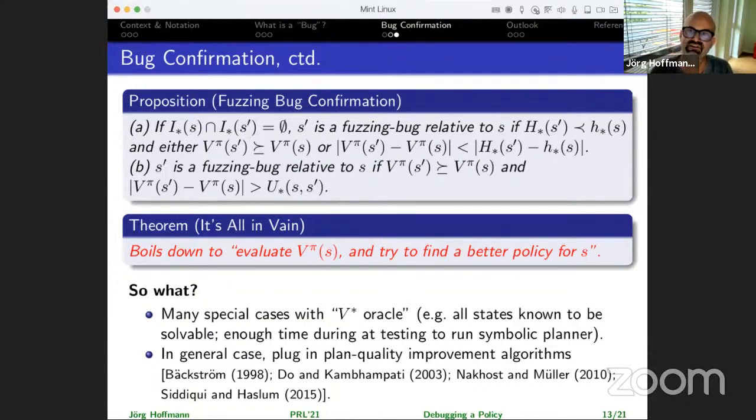Another possible scenario is that at runtime you have very little time, and so you need the policy to be able to react directly to a new situation. However, at testing time offline, before you bring the policy into execution, you might have enough time to actually use an off-the-shelf symbolic planner as your oracle. In the general case, if none of those conditions applies, you're just going to have to use the plan quality improvement algorithms, and luckily there's also quite some planning literature on those, and you can plug them right in.